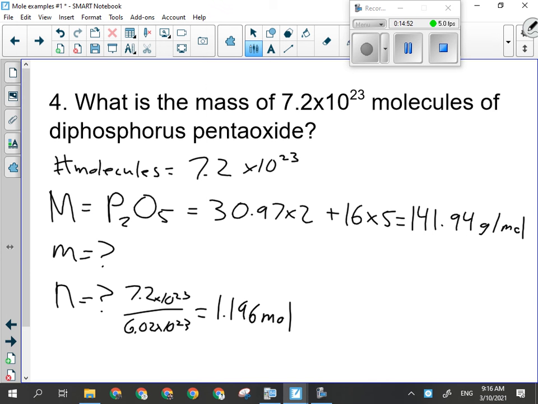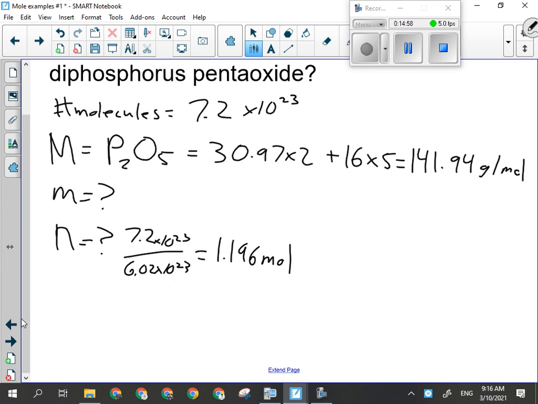Now I know the number of moles and I know the molar mass. So now I can go to this equation and get little m. But in order to get little m, I still have to manipulate this equation as well. This is the longest or most involved of all the mole equation kind of questions.